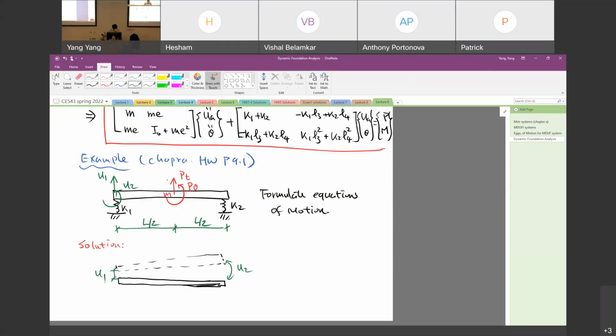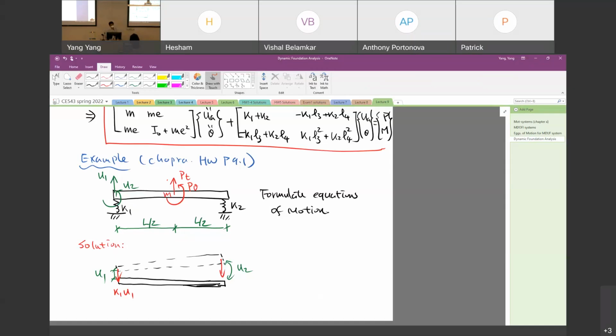So, free-body diagram. The spring force at the left end is equal to K1 times U1.